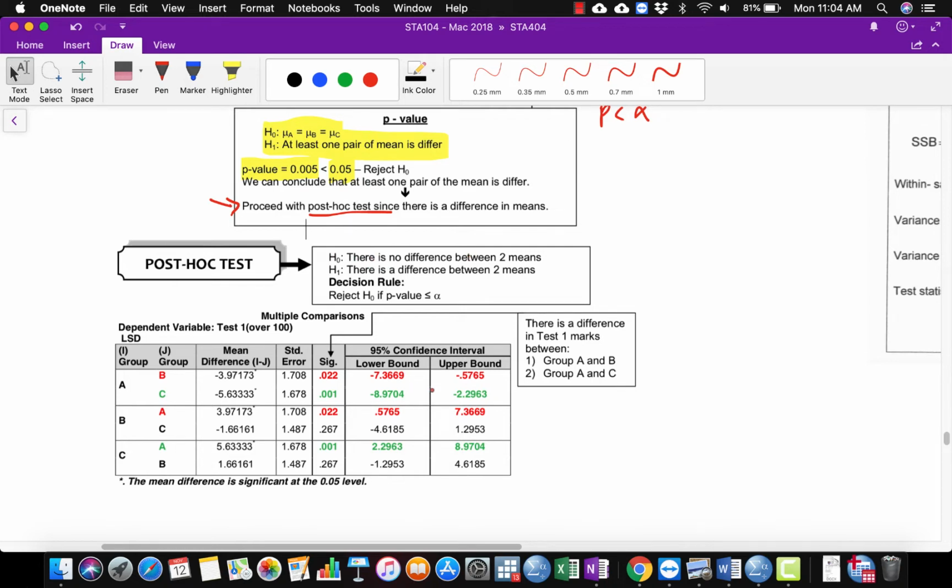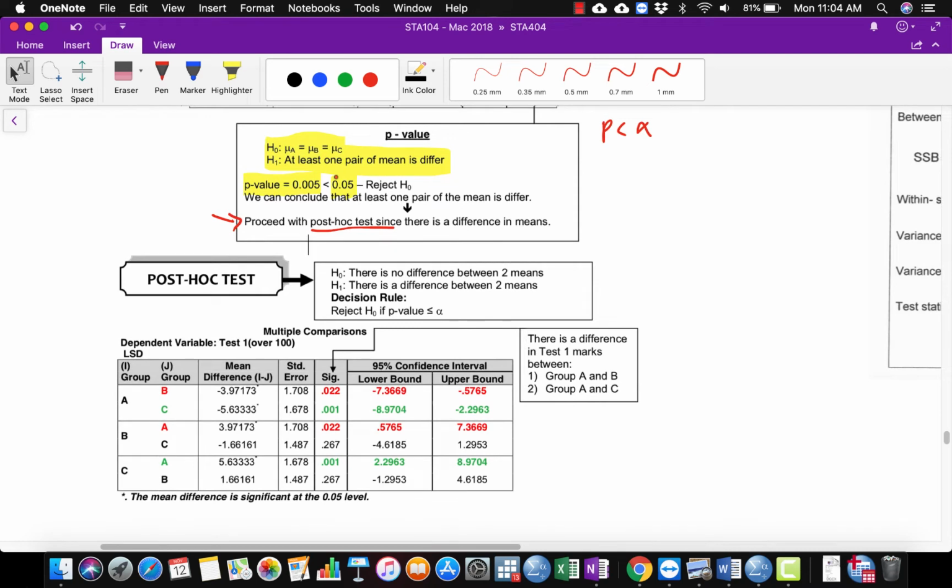This post hoc test is done when the p-value is less than 0.05, or less than our alpha, meaning the null hypothesis is rejected. When the null hypothesis is rejected, then you need to proceed with the post hoc test. If the null hypothesis is not rejected, then there is no point to proceed with the post hoc test, right?